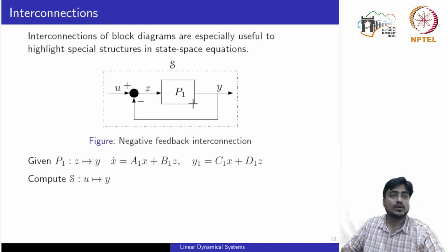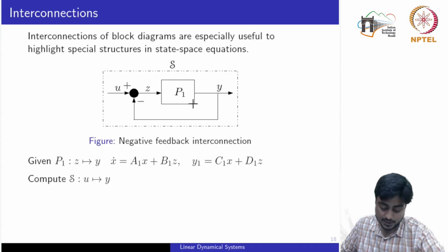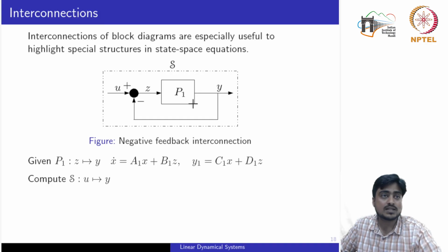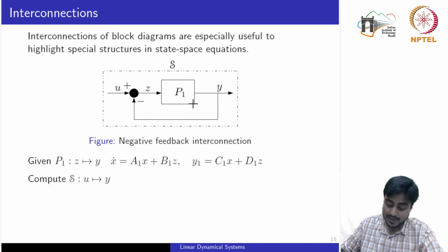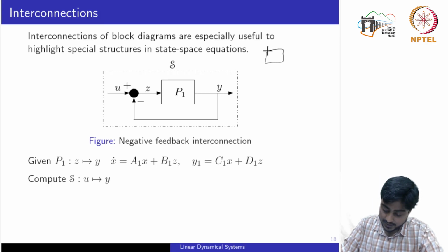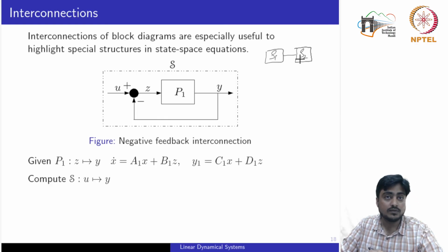Let's see. So what flexibility does the state space representation offer to us? Now let's say we could have one system or two systems which might be interconnecting. Let's say we have this dynamical system S1. Either there could be an interconnection with another dynamical system S2 in this way, which we define as the cascaded one.